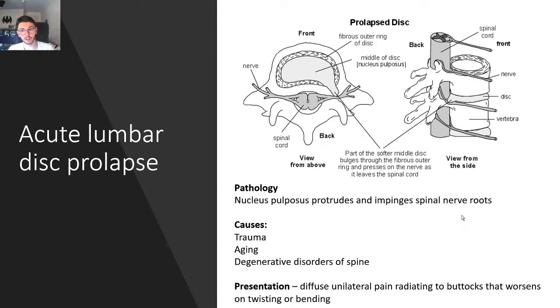So a number of things can cause this. You can be lifting in a flexed position, right? So you're not engaging your buttocks properly to lift something. You could slip. This happens often. You can slip and suddenly just move your back in a weird way. You fall on your back or on your buttocks. This can cause trauma there.